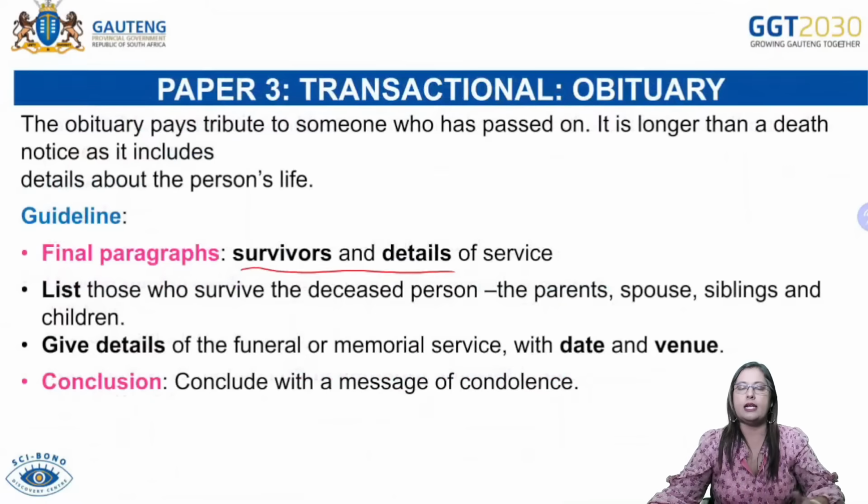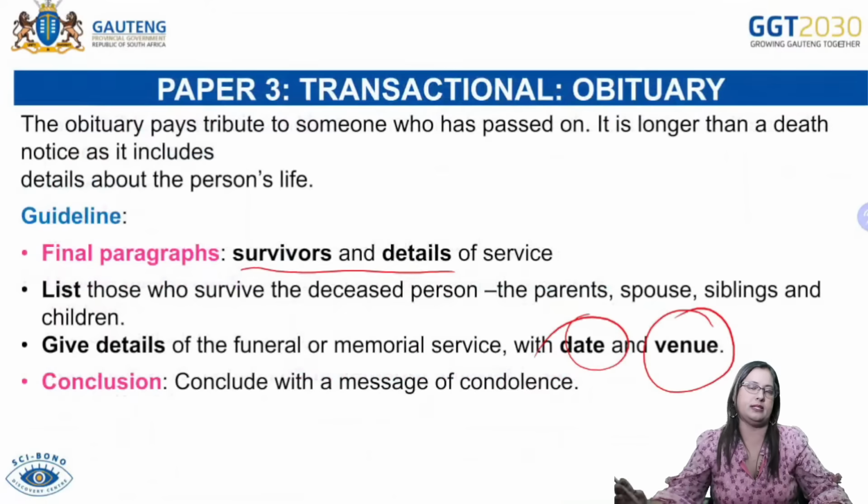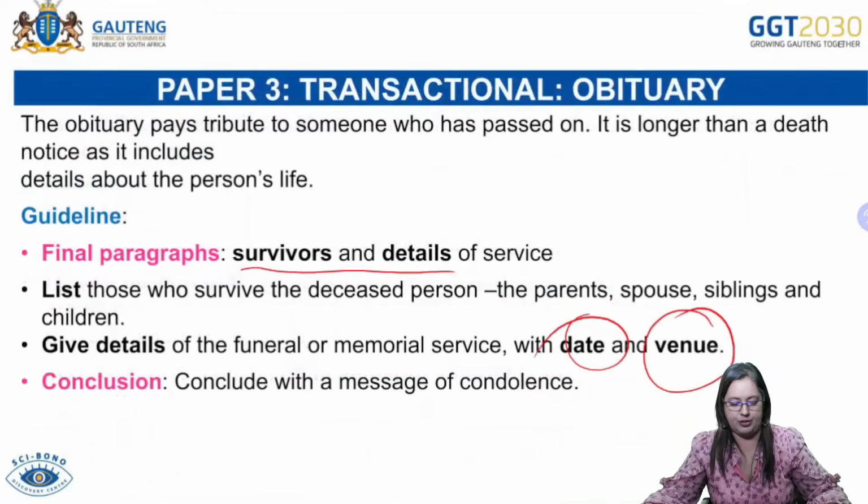Please list, for example, the parents, the spouse, the siblings that have been left behind. And then when you're giving the details of the funeral, mention the date on which the funeral will take place and the venue for that. And then please, grade 12s, conclude with a message of condolence.